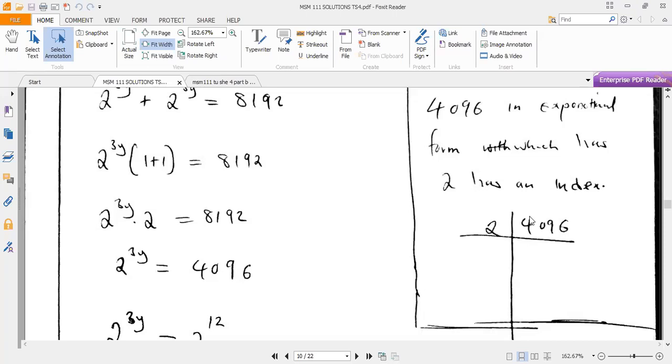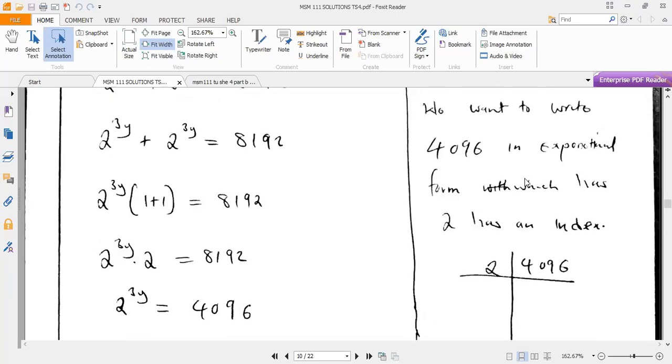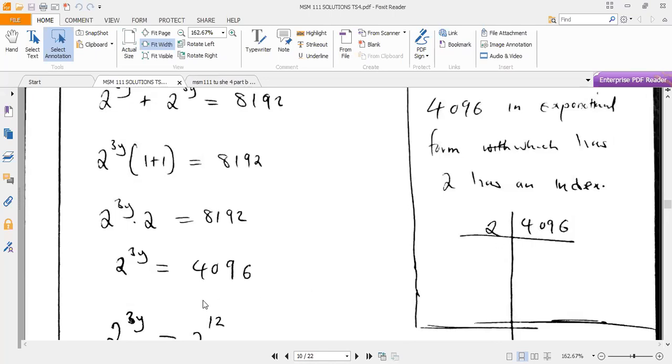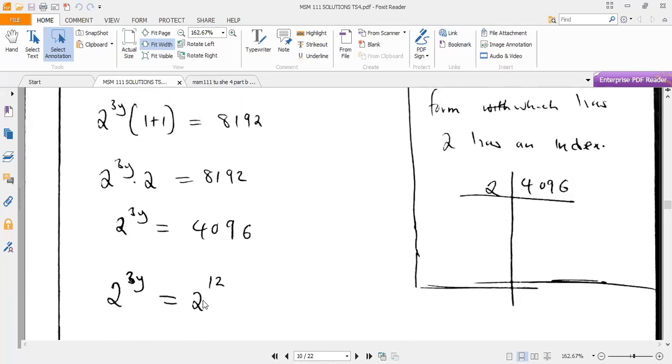Since we don't use a calculator, you can easily divide by 2 repeatedly, without a remainder, and you continue doing the same. You find that on the left-hand side there will be 12, so you have noticed that 2 goes into this 12 times. So when we say 2 to the power 12, you get 2 to the power 12 there, isn't it?